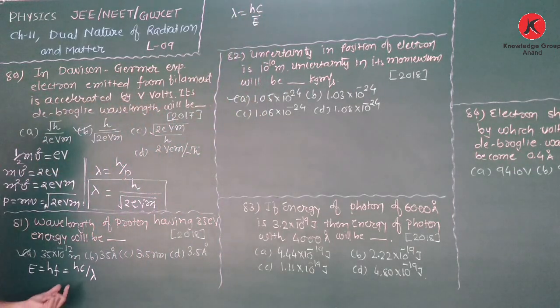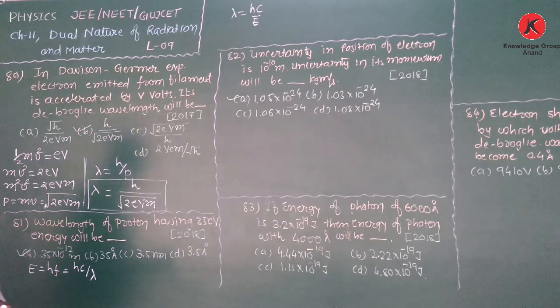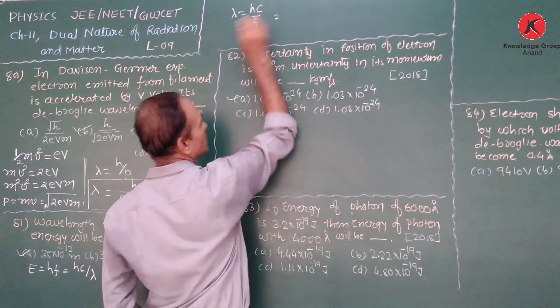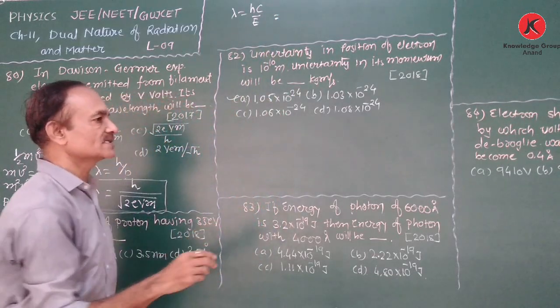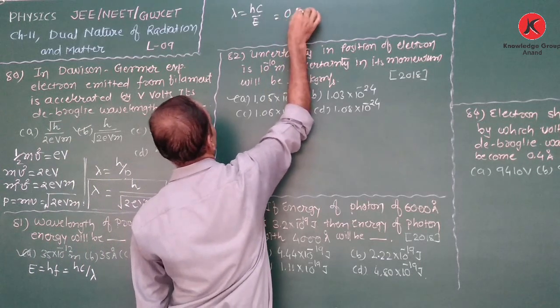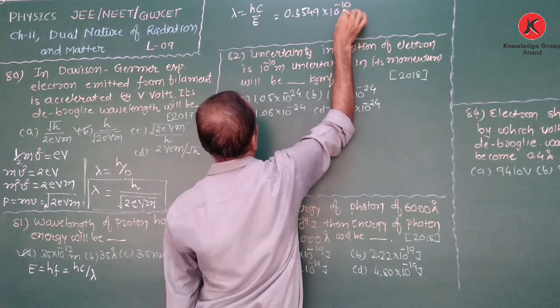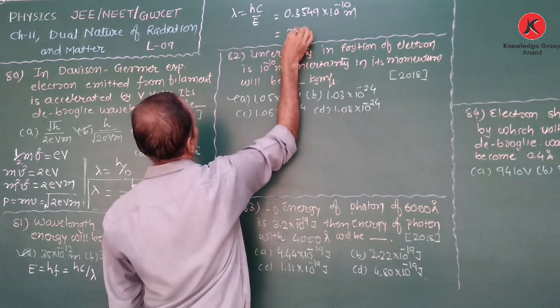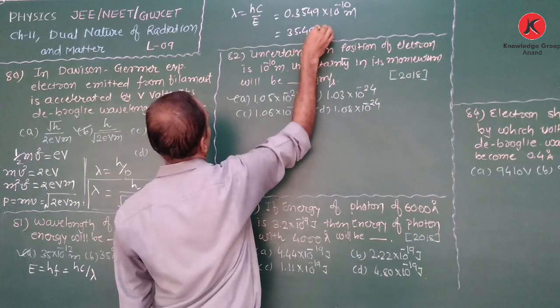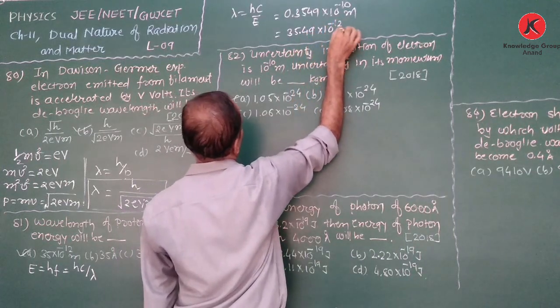h c upon E. Now listen, the energy is given in electron volts, so we have to convert it into joules. Substituting all the values, we get the answer 35.49 into 10 to the power minus 12 meter.